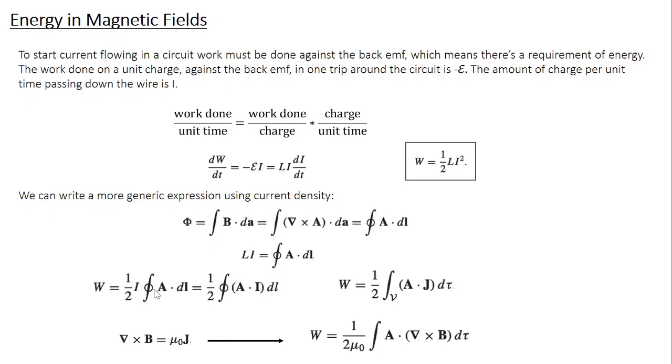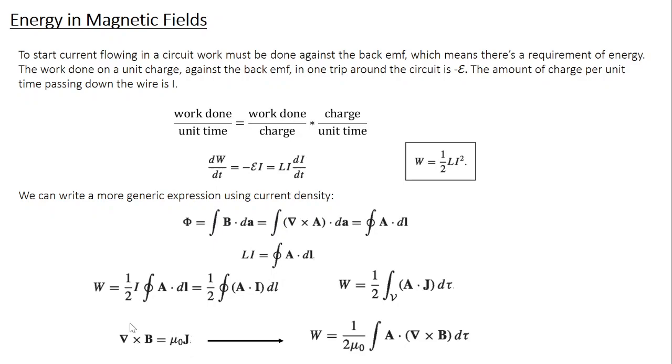So you can interchange these two and write half into closed integral A dot I dl. So this is the case of one-dimensional current. Let's take the most generic case, the 3D current, where current density is J. So the same equation gets modified as work done equal to half volume integral A dot J d tau.